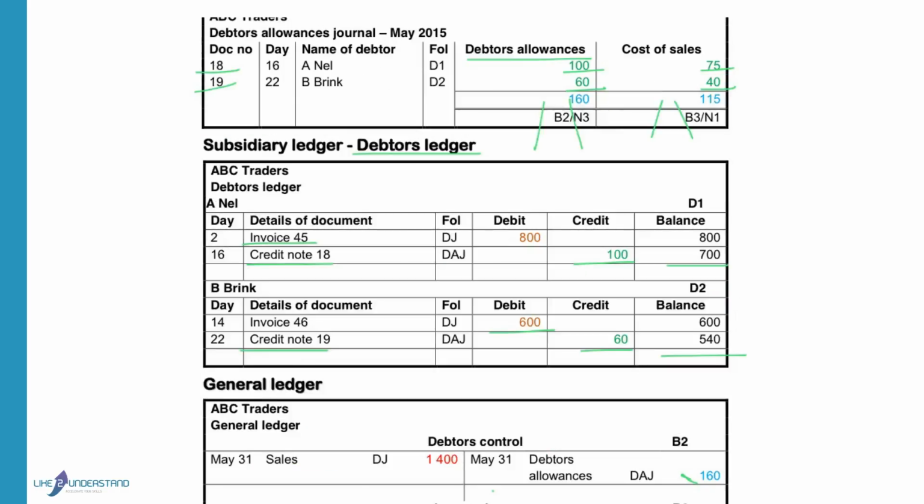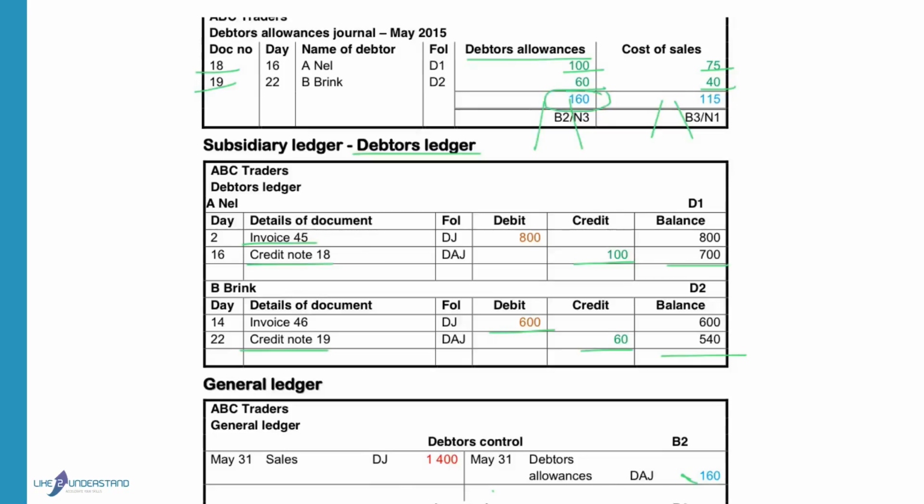The entries at the end of the month will be posted to the general ledger. So the totals that we calculated in our journals will go to the debtors ledger. In the debtors allowances column, there's a total of 460 Rand.